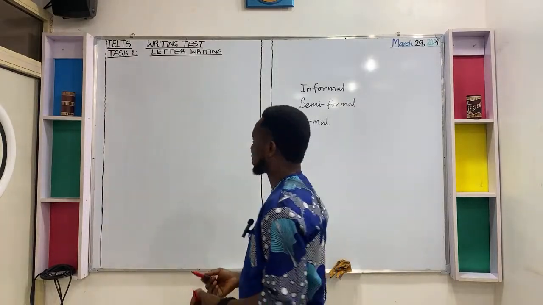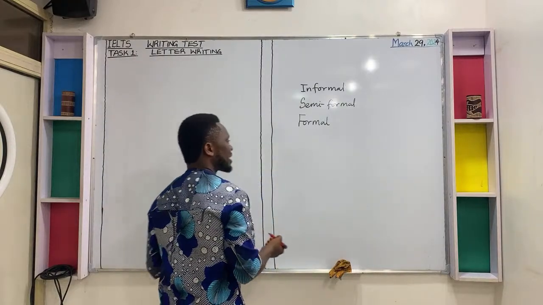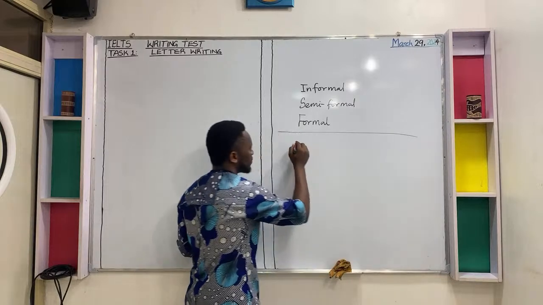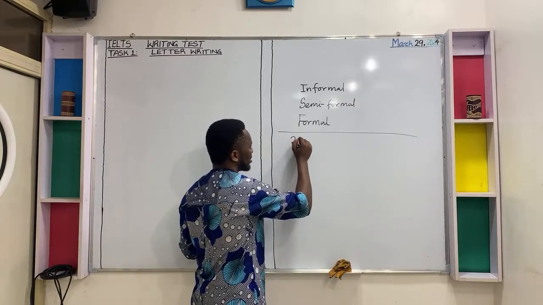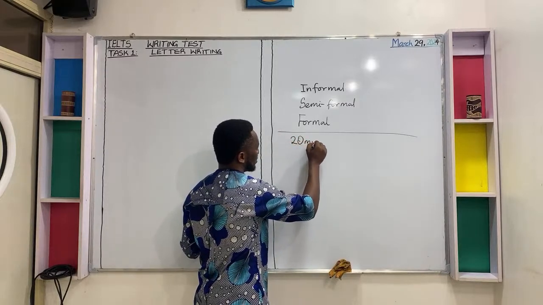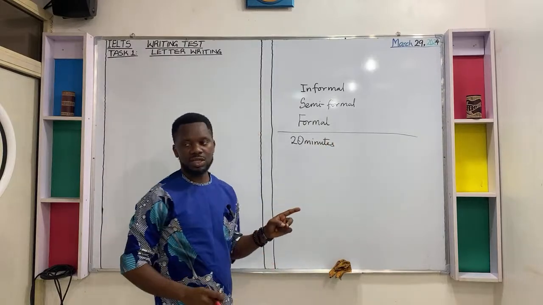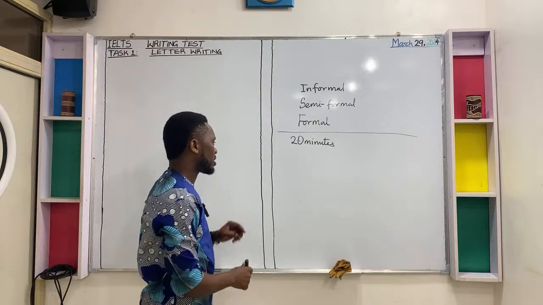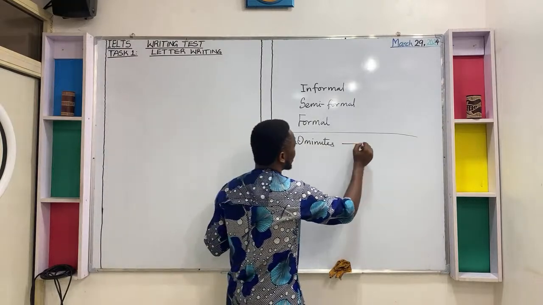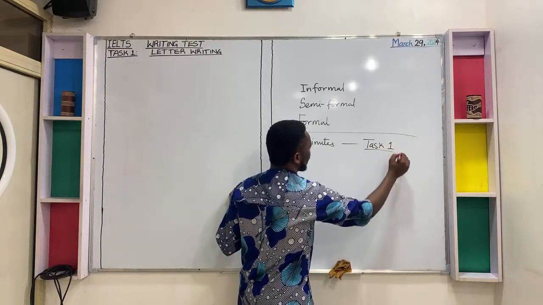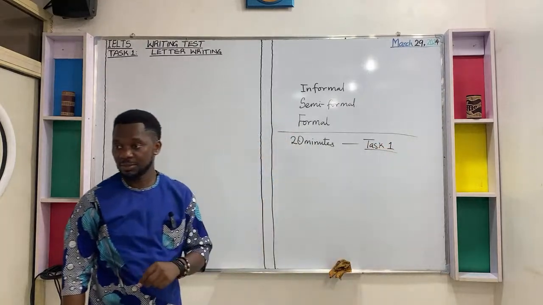Now let's understand that your letter writing is meant to last for 20 minutes. Letter writing falls under task 1. Don't forget that.